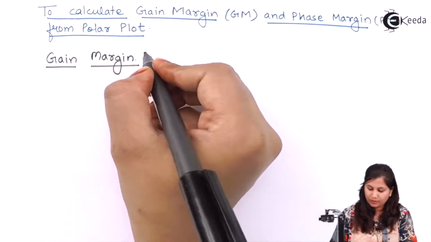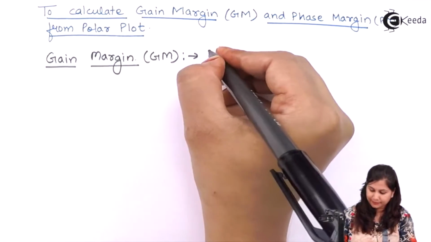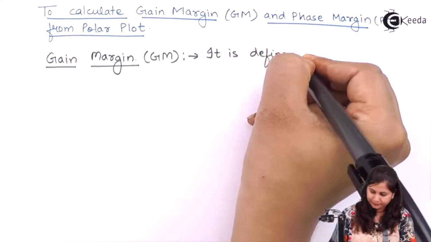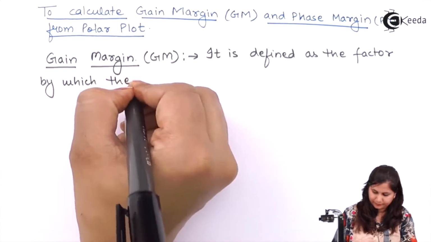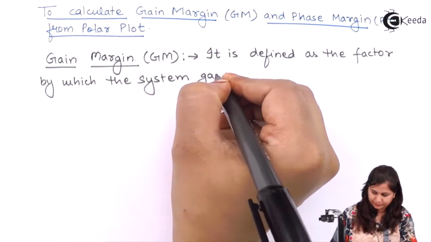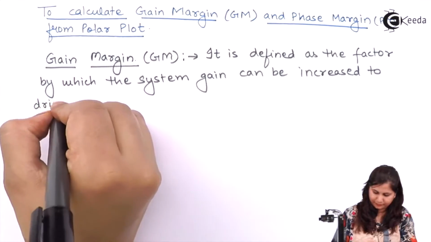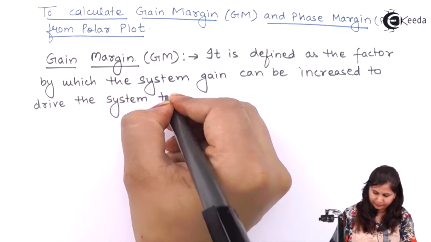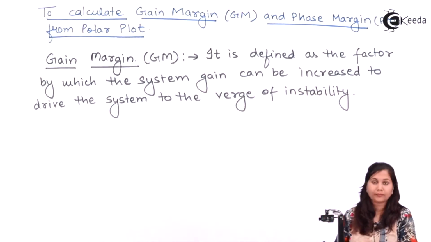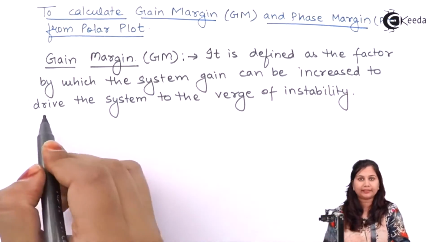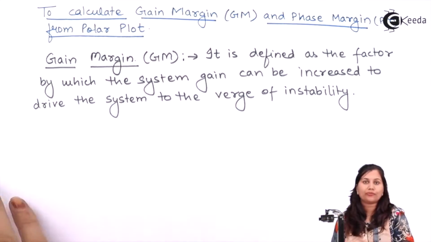Gain margin, also known as GM, is defined as the factor by which the system gain can be increased to drive the system to the verge of instability.